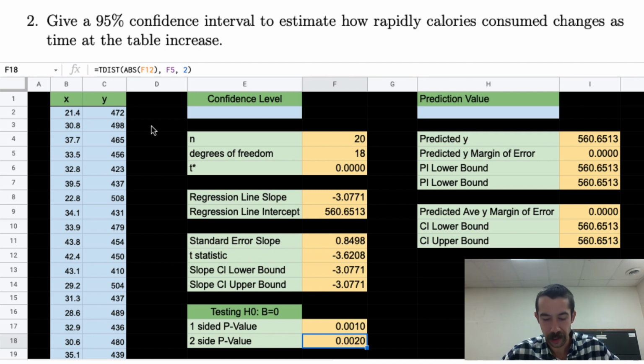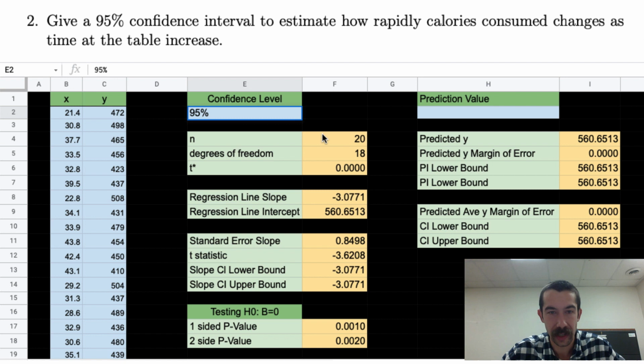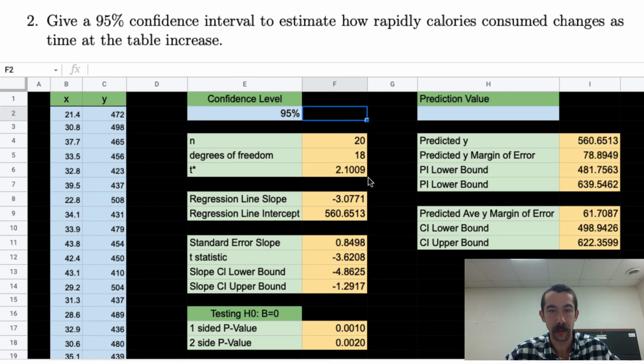The second question said, give a 95% confidence interval for the slope of this regression line. So how we would use our spreadsheet here is we would type in 95% for our confidence level. Okay, so the slope of the regression line, if we just look at the one line with no confidence, would be -3.0771. But we want a range of values.